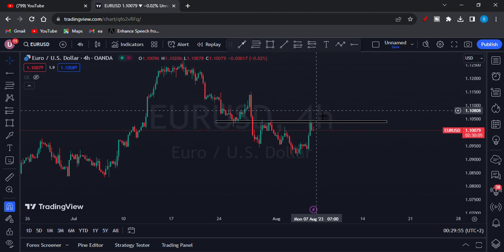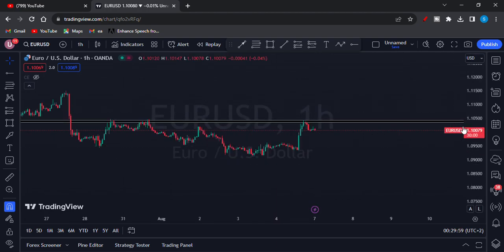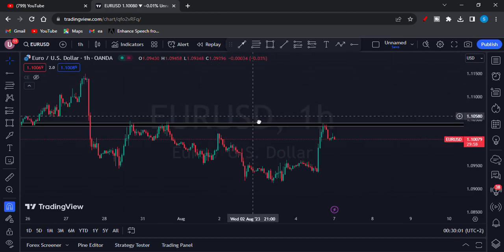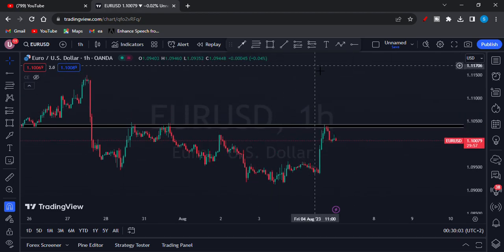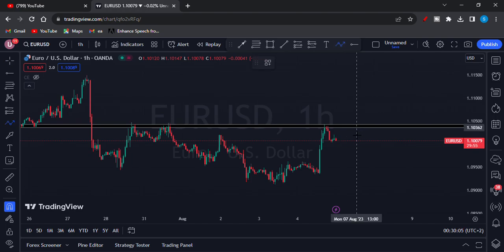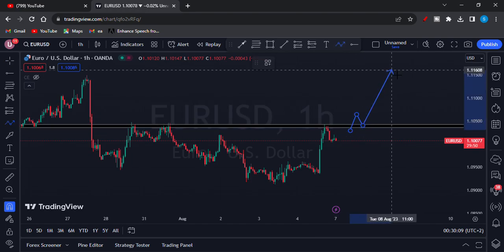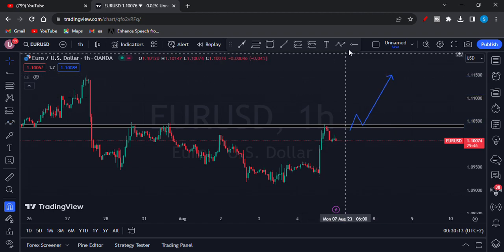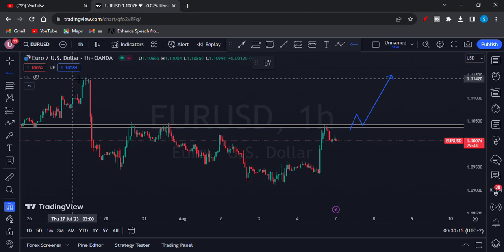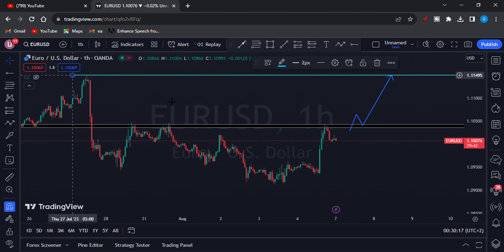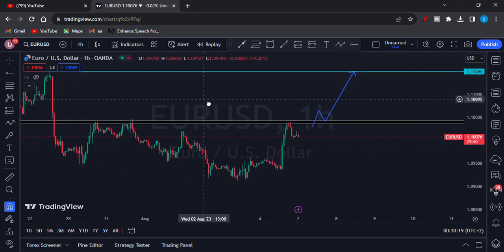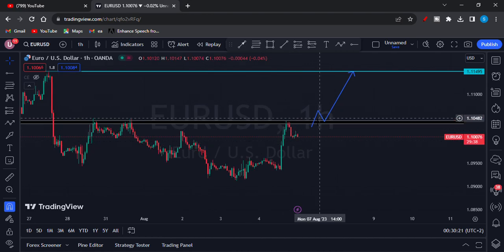Let's go to hourly. So it's possible that we can come, break and retest, and then up to here, up to there.